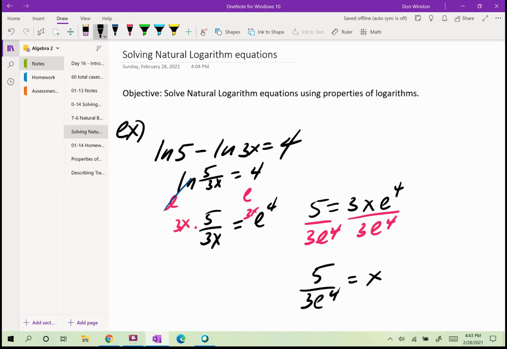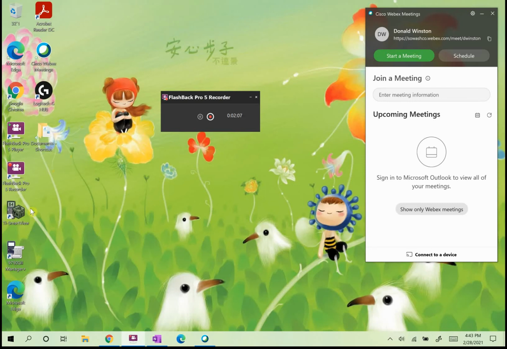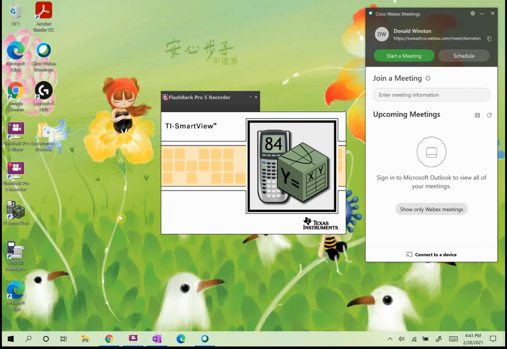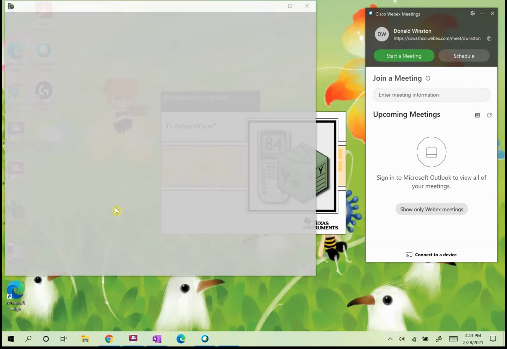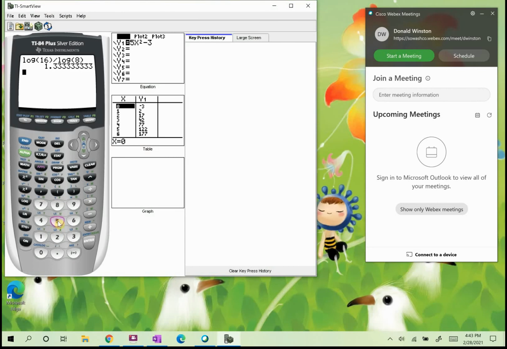Let me do that with my calculator, and then compare my answer to Desmos, just to make sure I did that right. So 5 divided by 3e raised to the 4th. I have 5 divided by, in parentheses, 3, and then e raised to the 4th.